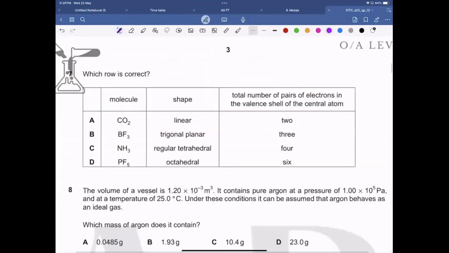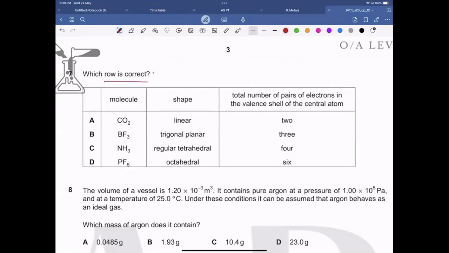Now, question number 7. Which row is correct?